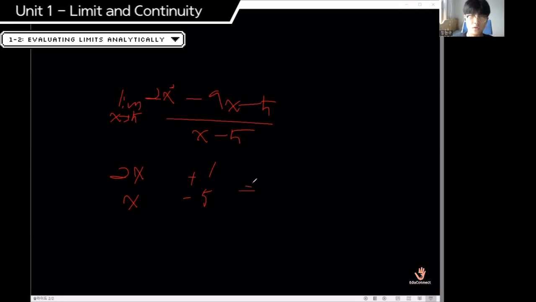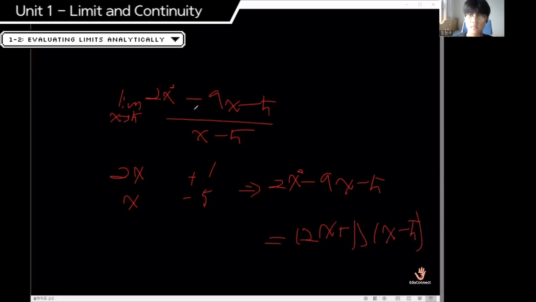So 2x squared minus 9x minus 5 factors to 2x plus 1 times x minus 5. Now the denominator stays as x minus 5.